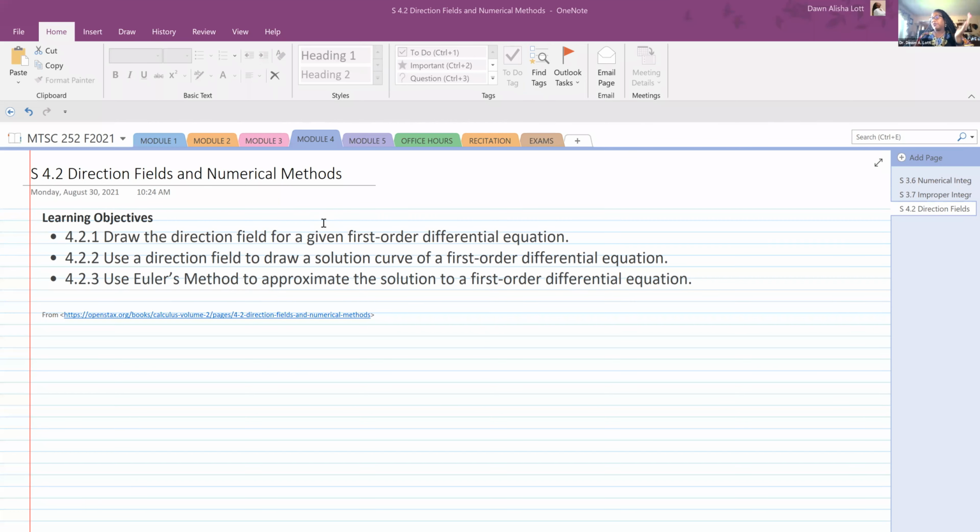So what is a first order differential equation? So a differential equation is, so let's just do a definition.